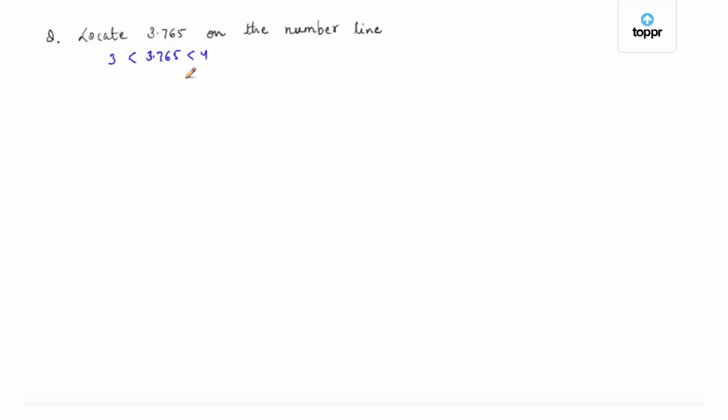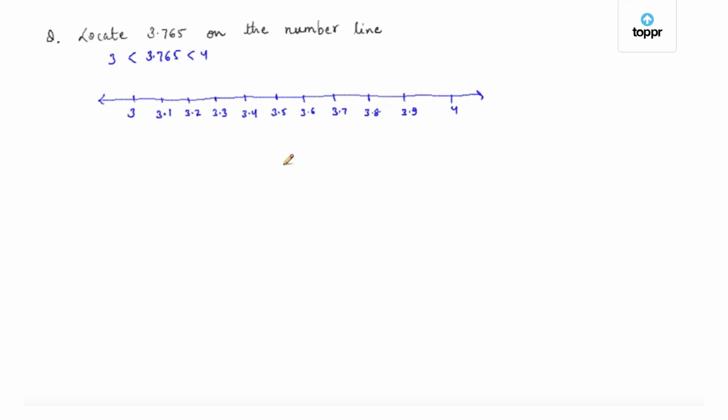So, we will magnify the portion between 3 and 4 on the number line, which will give us 3, 4 and 10 divisions: 3.1, 3.2, 3.3, 3.4, 3.5, 3.6, 3.7, 3.8 and 3.9.